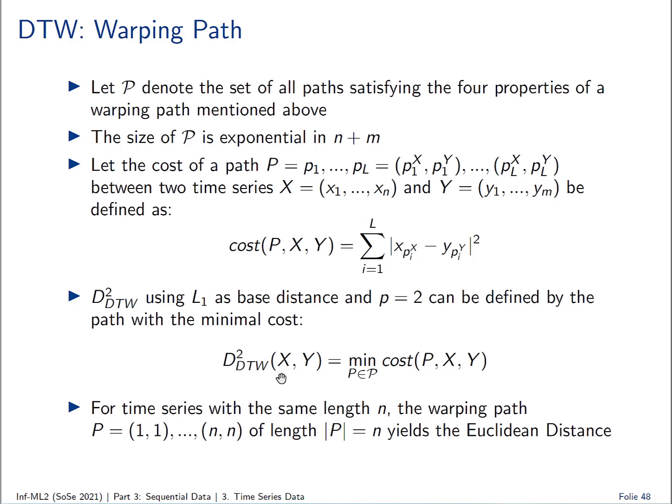Computing the dynamic time warping distance comes down to computing one cost minimal path among all those warping paths.